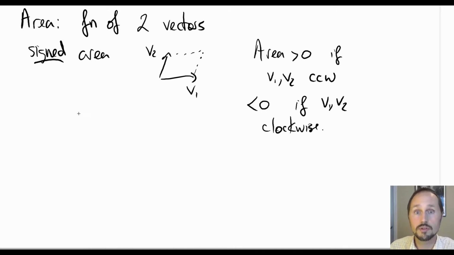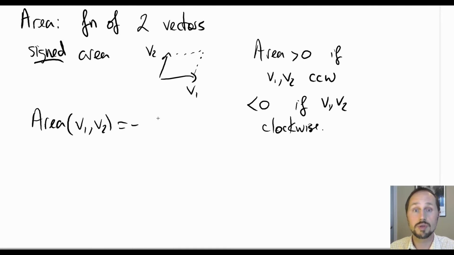So the first obvious thing we get out of that is that area of v1, v2 is going to be minus the area of v2, v1. That's a property that comes to us just from the signed convention.